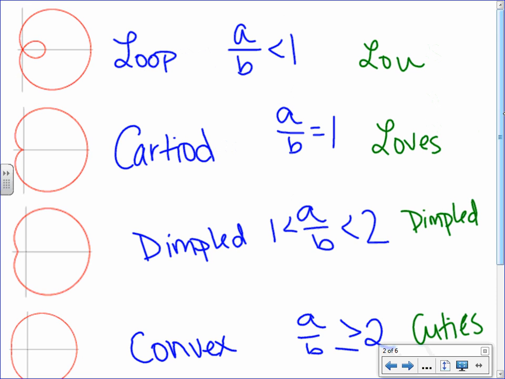Did anybody look at A minus B? Okay. We'll do an example and maybe you can figure it out.